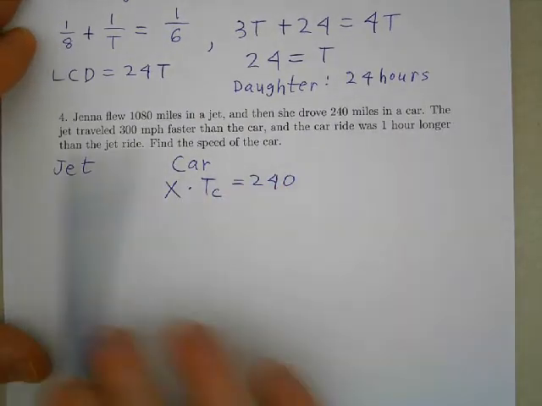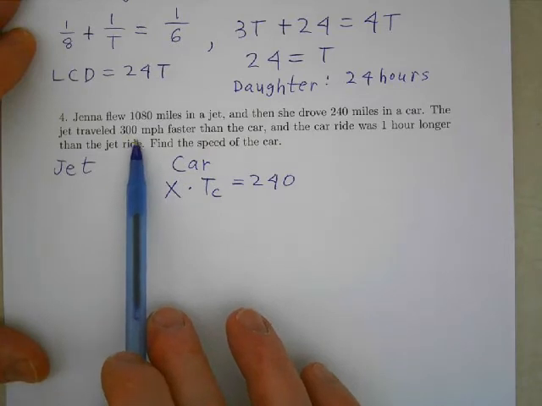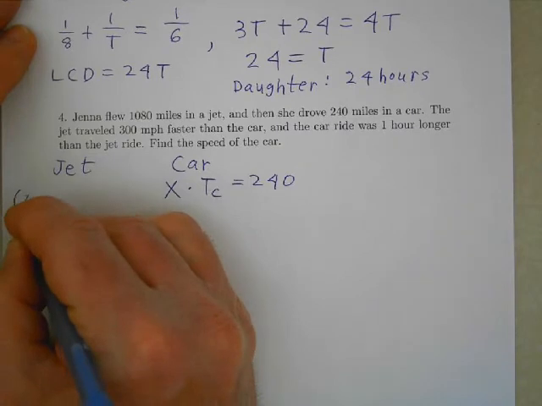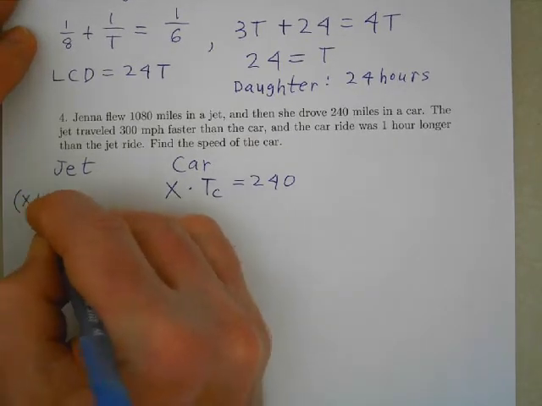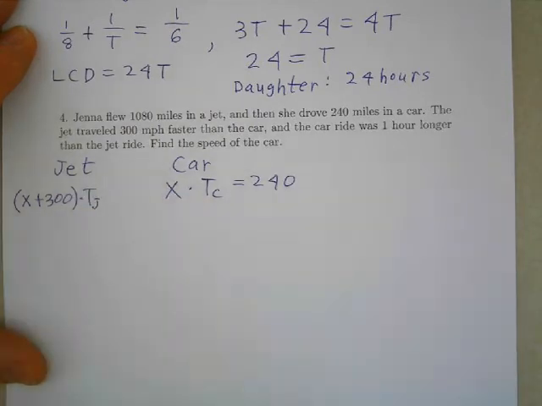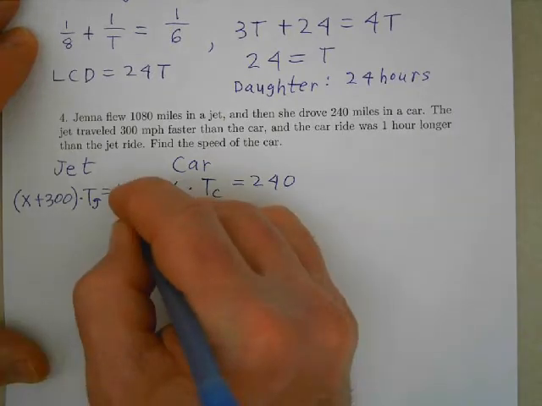The jet traveled 300 miles per hour faster than the car, so for the jet, the rate will be x plus 300. For now, we'll use t sub j to represent the amount of time it took the jet to fly 1,080 miles.